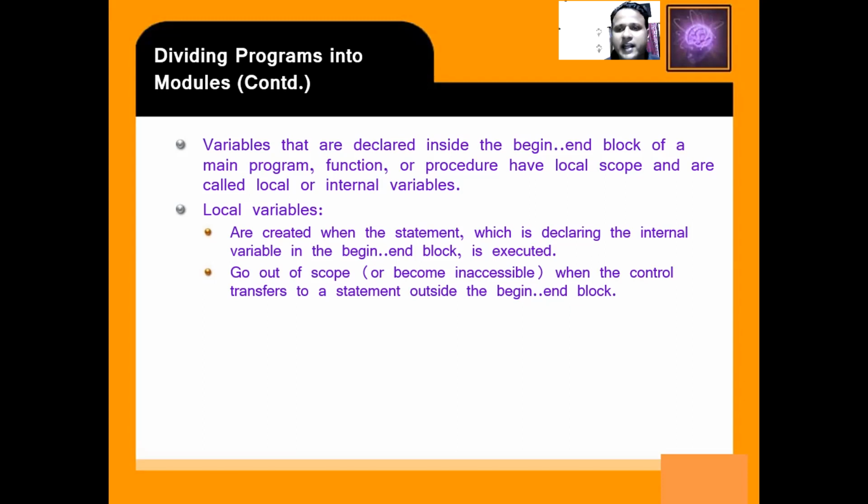When you define any kind of variable within the begin and end block, that scope is limited to that particular block. It is created when the statement declaring the internal variable in the begin and end block is executed. It goes out of scope when the control transfers to a statement outside the begin and end block.